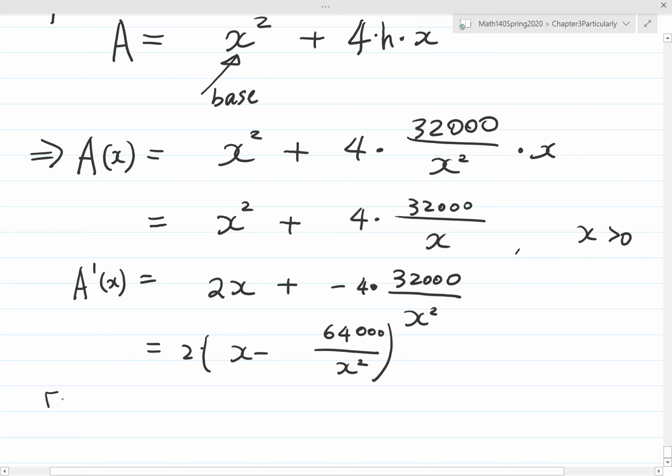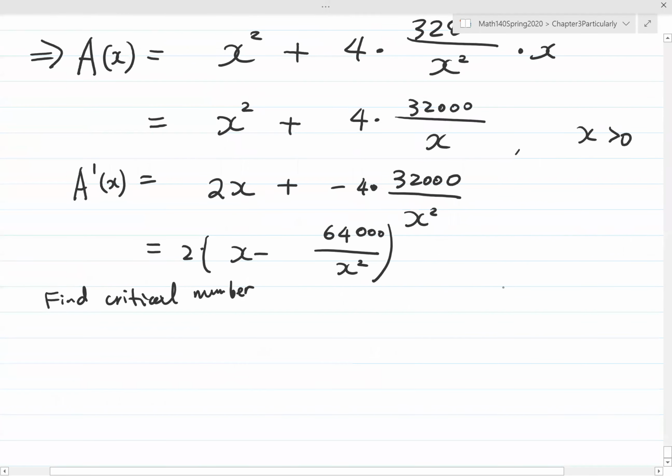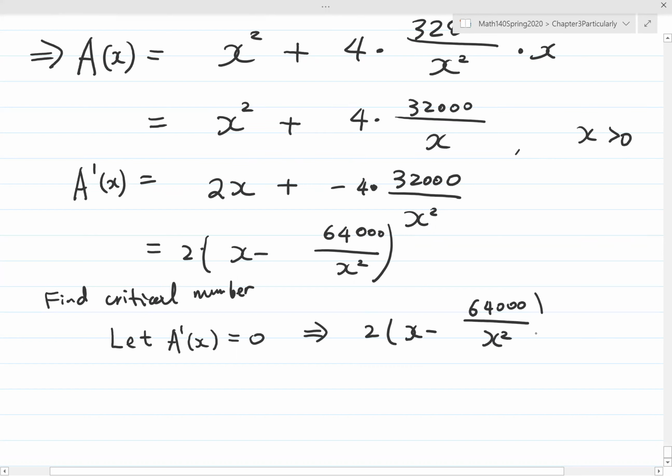Now we find critical numbers. Let the derivative be 0. Then 2x minus 128,000 over x squared should be 0. So x should be 64,000 over x squared.